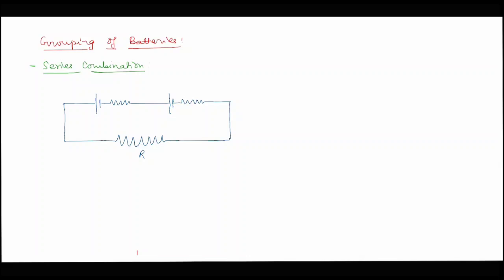Over here this one is E1 having internal resistance R1, it is E2 having internal resistance R2, and we are considering that the current in the circuit is I.